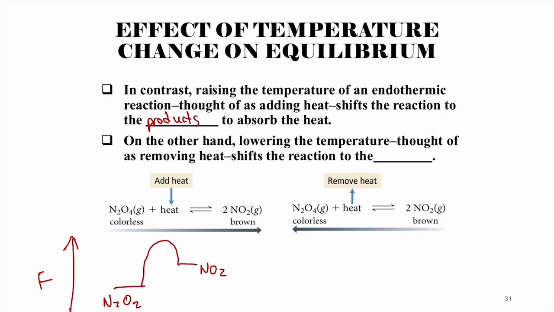When we're going in the reverse direction, it's like flipping this the other way, right? We're starting from NO2 and we're making N2O2, so the reaction in the reverse direction is an exothermic reaction. So that's going to shift towards the reactants.